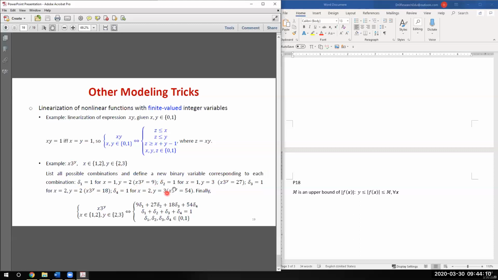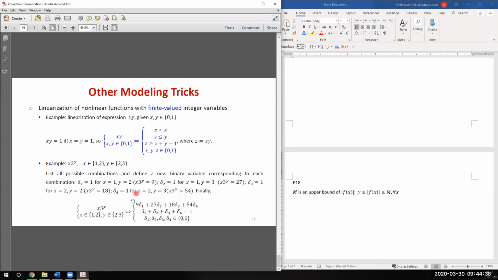And delta 2 equals to 1 corresponds to the combination of x equals 1 and y equals 3, so that this value equals 27. Delta 3 is for the case of x equals 2 and y equals 2, and the value equals 18, and delta 4 indicates x equals 2 and y equals 3, so that the value equals 54.